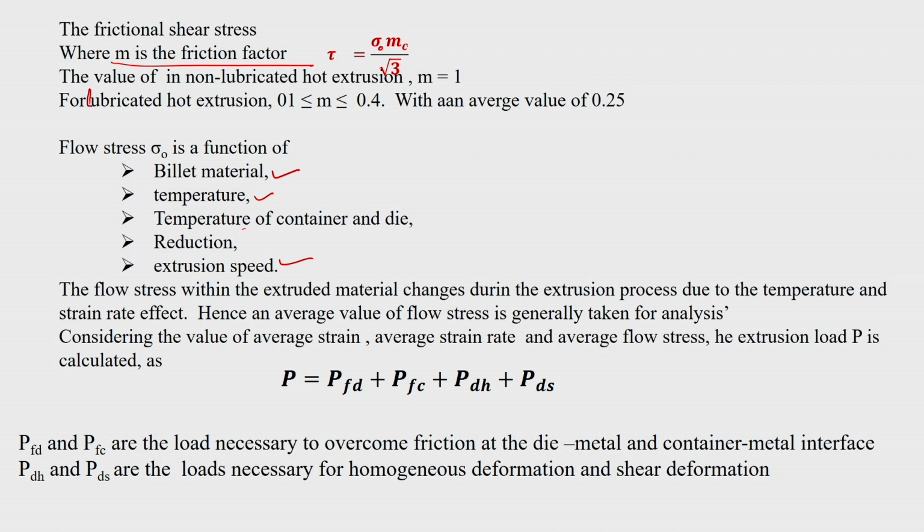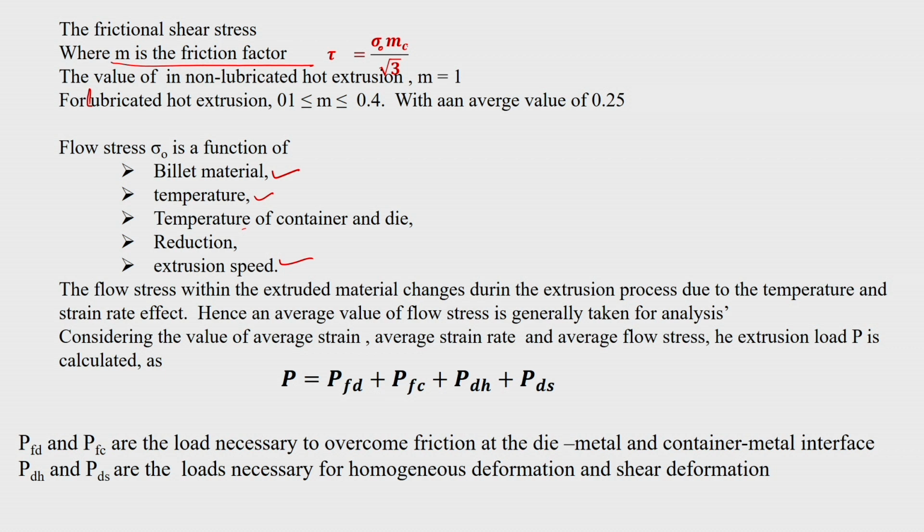Hence, for analysis purposes, we take an average value of the stress. And to a reasonable extent, our analysis by taking this average value of strain or strain rate, or effective strain and strain rate, you will find is reasonably good.